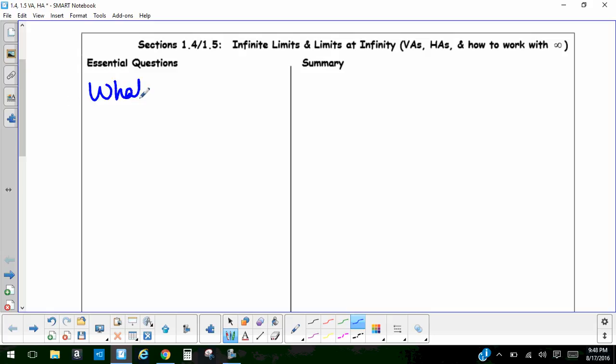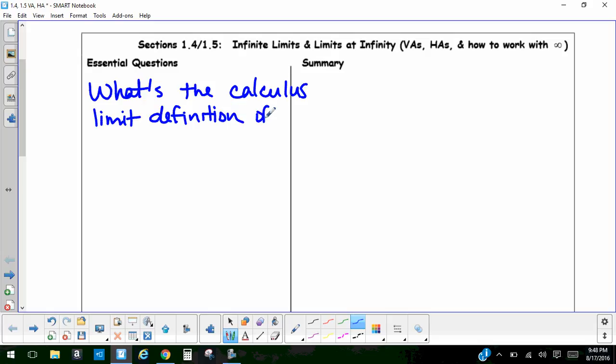What's the calculus limit definition of a vertical asymptote? And I'm just going to abbreviate.